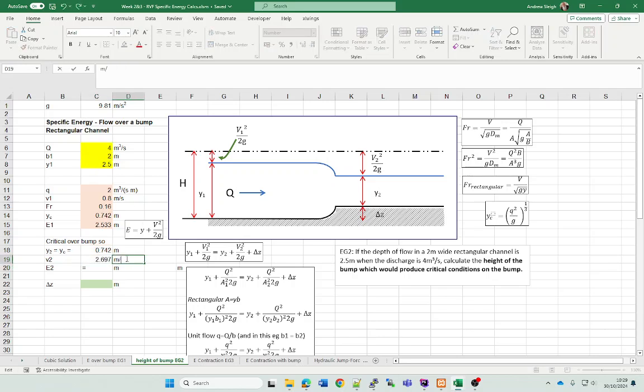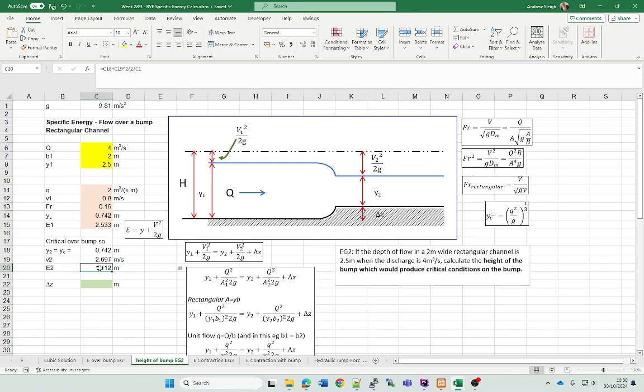Got the units wrong there, meters per second. E2 is equal to Y plus V2 squared divided by 2 divided by g. 1.112 meters. Now the two energies need to be the same.